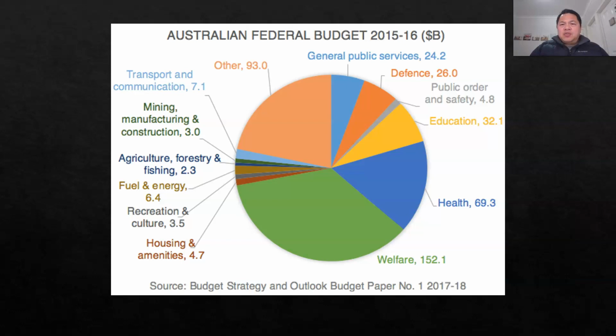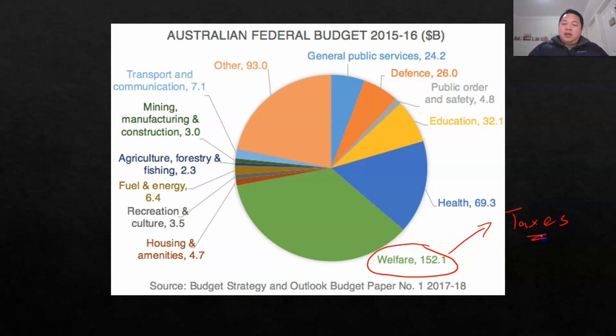Next one. This shows you the budget given to the various aspects within the economy. Of course, just by having a quick glance at it, we can see that a big proportion goes to the welfare of a country. In any welfare country, one very common thing that is always correlated is the taxes collected.